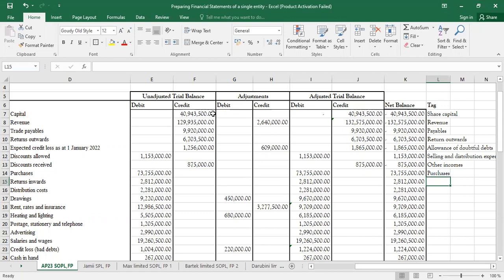I told you an expense has a debit entry, a liability and income has a credit entry, isn't it? You just look here and see how it falls. So it's like an expense. This expense, I don't want to call it other expenses or other names because it actually falls under cost of sale, isn't it? So I'll just call it return inwards.